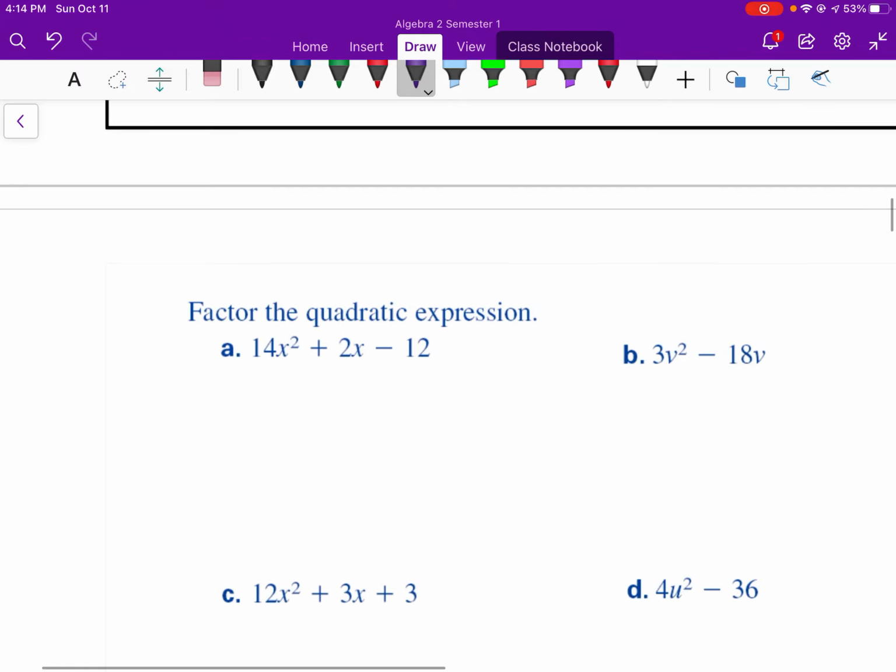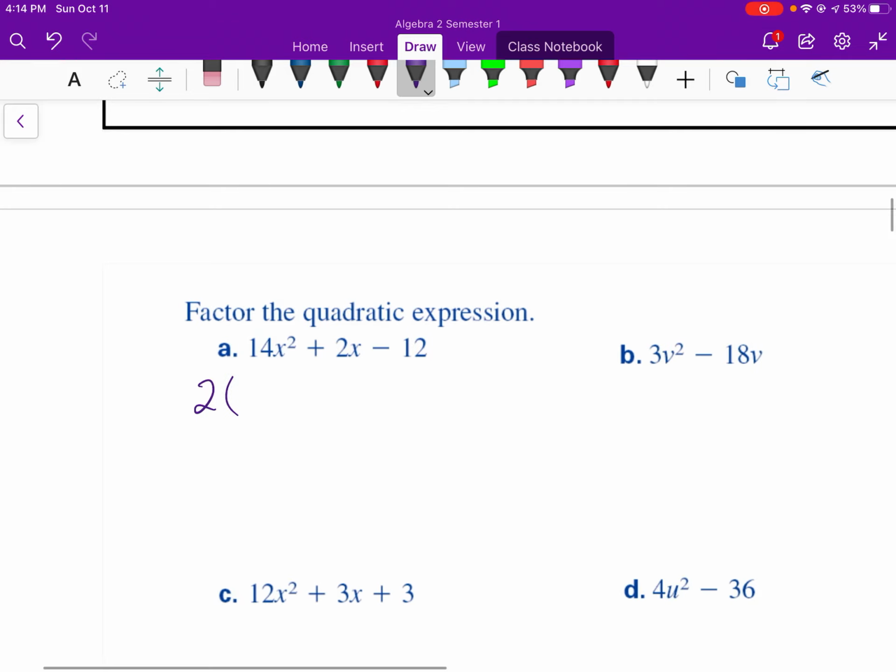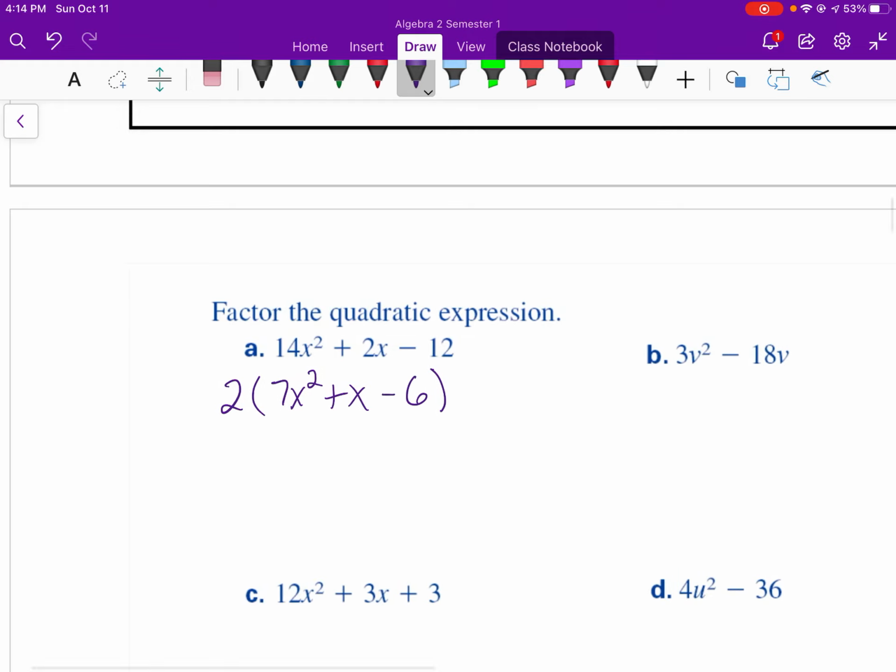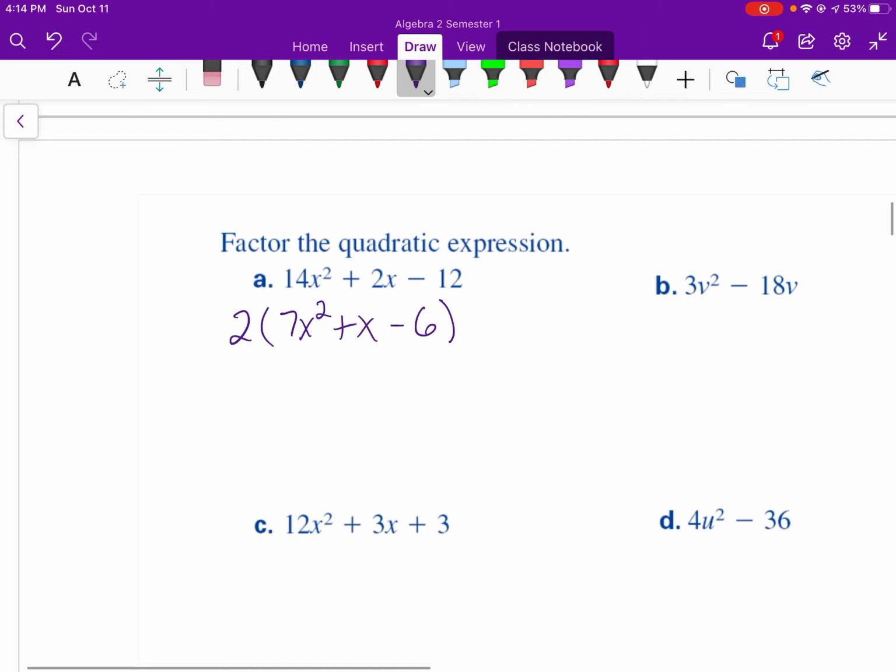In this case, 2 goes into 14, 2, and 12. So 2 times 7x squared plus x minus 6 gives us that. Then from there we could possibly factor even further. That is just the first step we always need to look at.